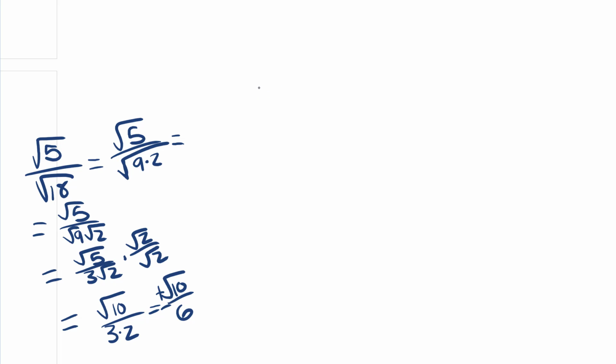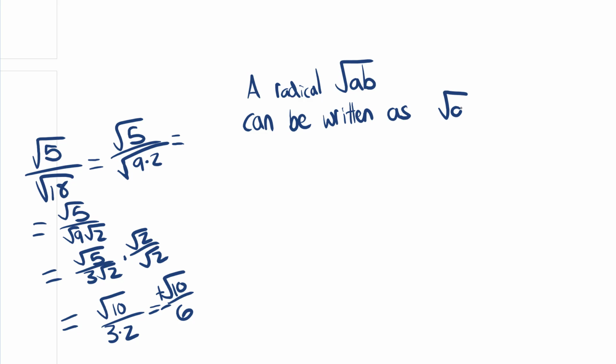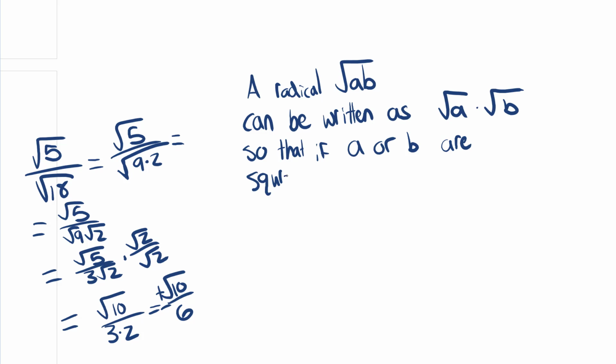Okay, so to simplify radicals, a radical can be written as root A times root B, which means that if A or B are square numbers, squares of integers, dyslexia, darn it, I've been doing so good.